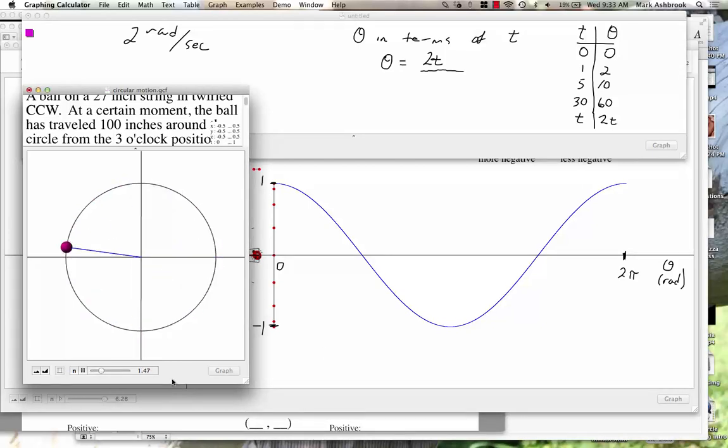All right, he wants horizontal distance. Is it showing horizontal distance? When the angle is 0, what is the horizontal distance? 1, right? 1 full radius length to the right. And is that what this graph is showing? Yeah, it's showing that when the angle is 0, the vertical axis on this graph shows the horizontal distance on the circle.